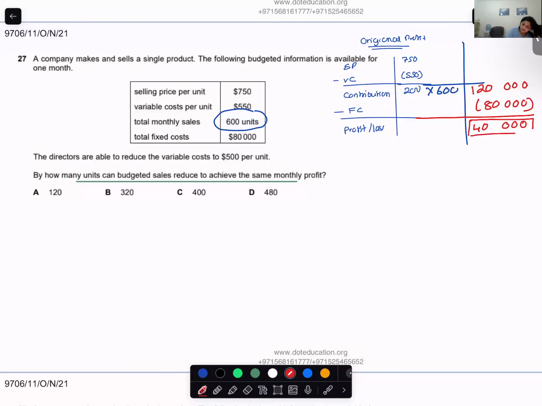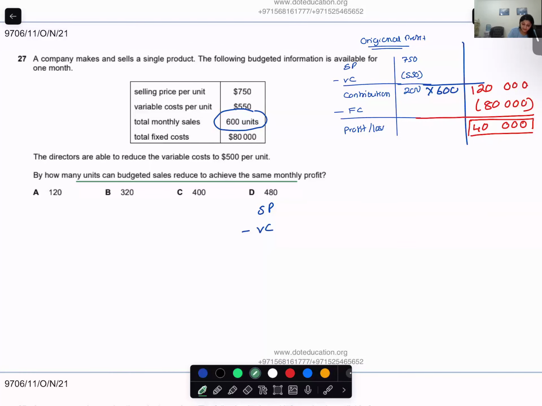So that means you want to maintain same level of profits. Now you want to know the number of units that you have to sell. What are you going to do? You're able to reduce the variable cost to 500 per unit. Yes, miss. I have selling price minus variable cost.